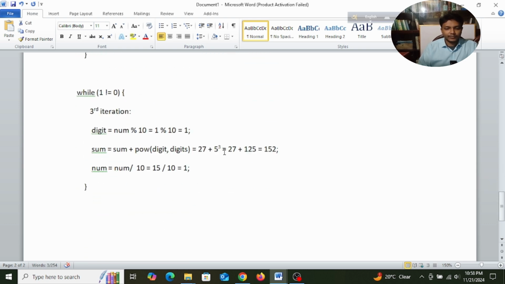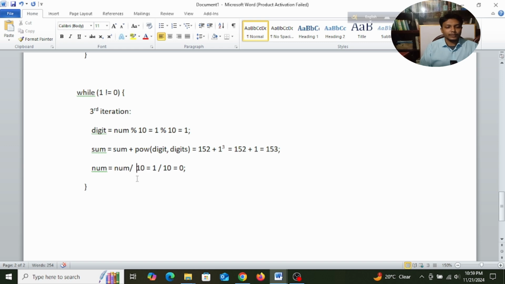So 152 will be here, and we will have 1 cubed here. 1 cubed means 1. So 152 plus 1 equals 153, right? And here we will divide the number again. Number is 1, and 1 divided by 10 equals 0. We get the integer part.